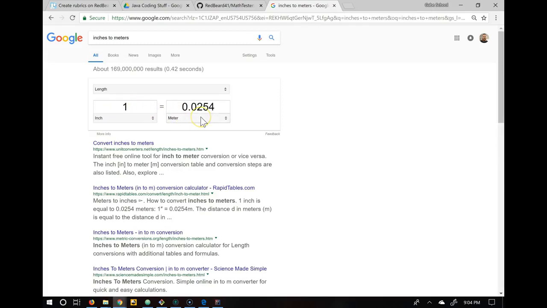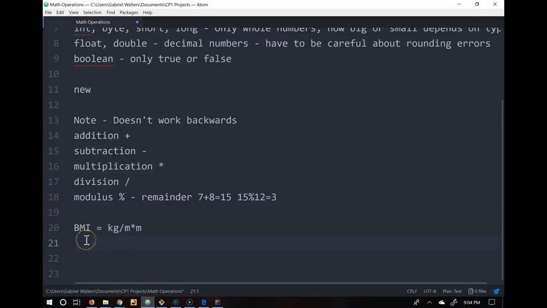1 inch is equal to 0.0254 meters. So if I wanted to convert, let's say 5 inches, I want to find out what meter is equal to. I know that 1 inch, or whatever my inches are, times, and then I need to have a correct fraction that will cancel out my inches.